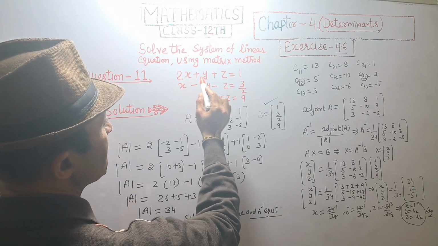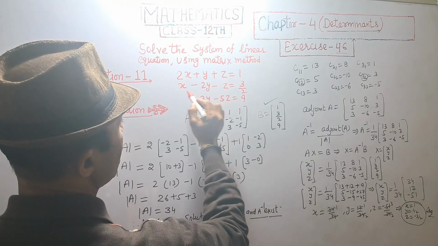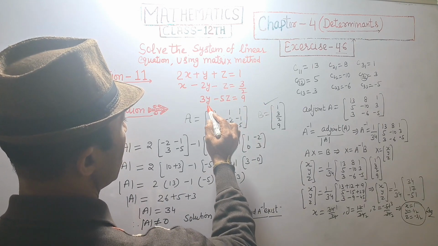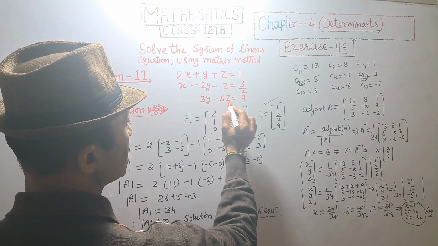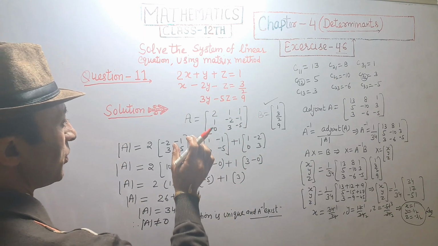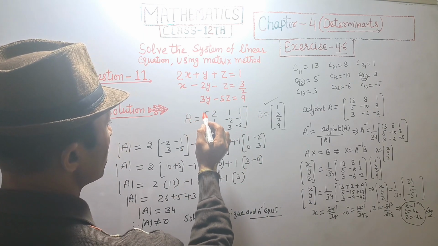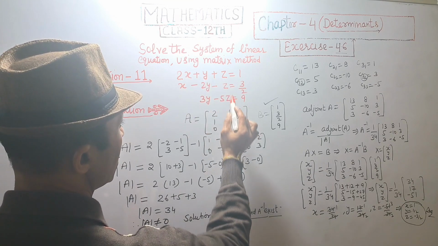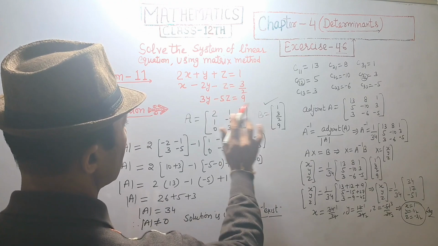Given equations are 2x plus y plus z is equal to 1, x minus 2y minus z is equal to 3 upon 2, and 3y minus 5z is equal to 9. First of all, A is the coefficient matrix: in the first row, coefficient of x is 2, coefficient of y is 1, coefficient of z is 1.